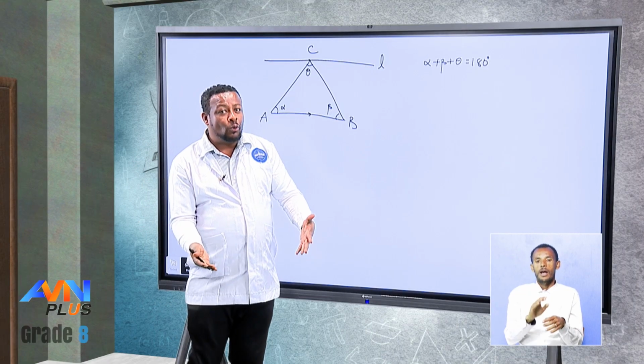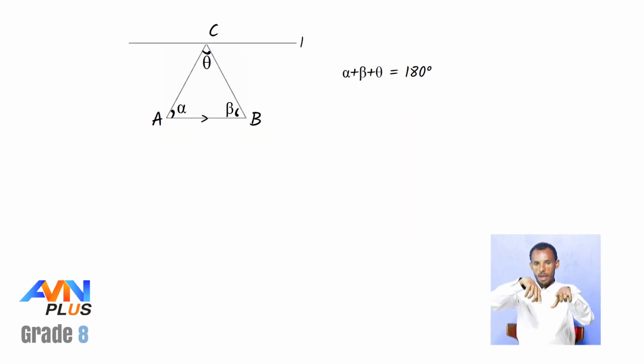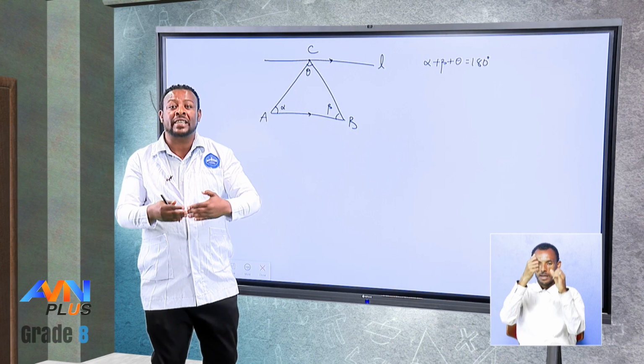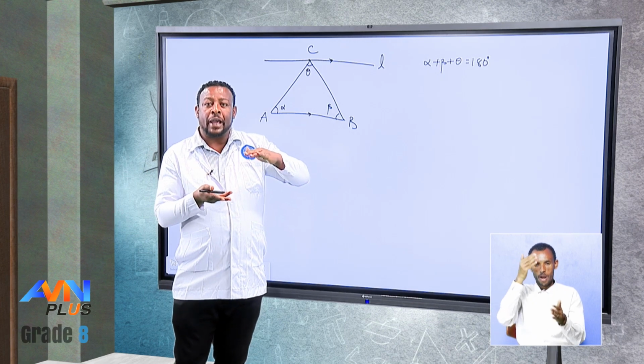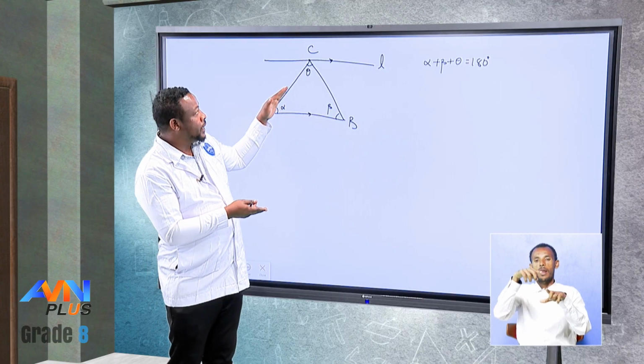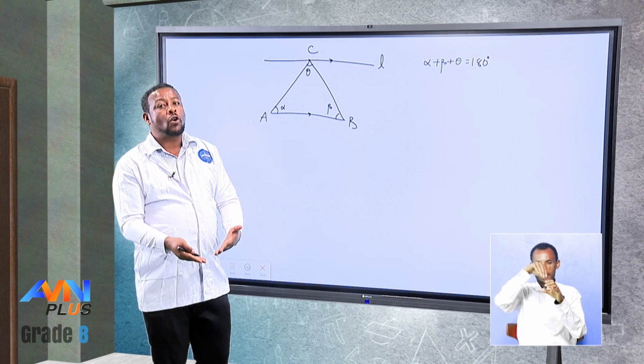As you all know, if you have parallel lines and a transversal line here, AC can be considered as a transversal line, okay? You all know that for parallel lines and a transversal line, the alternate interior angles are congruent.